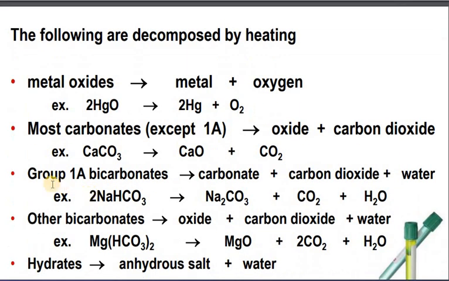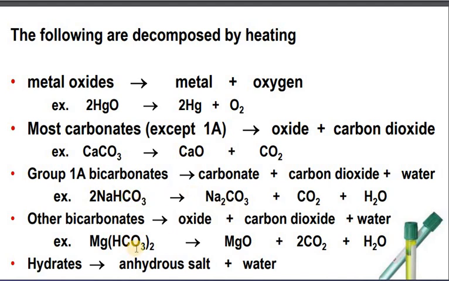Similarly, with bicarbonates, when you are heating sodium bicarbonate, carbon dioxide and water are produced. I am not talking about carbonates. Please remember that: for Na2CO3 it is not possible, but for bicarbonates it is possible.